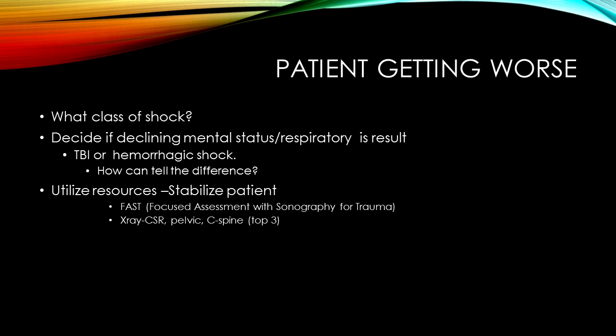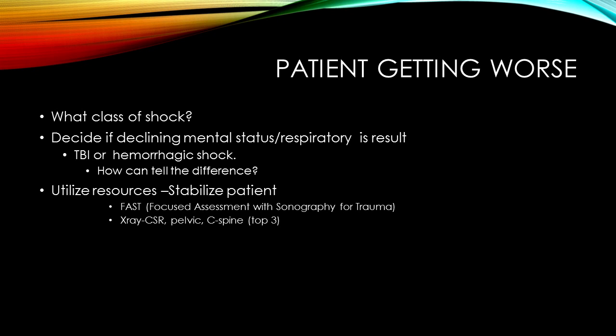Well, I think the recognition of, yeah, she's bleeding was there, but I don't think the urgency of where she was bleeding was recognized. So, how can we tell the difference between a neurogenic shock and a hemorrhagic shock, and how that will affect how you proceed with management?